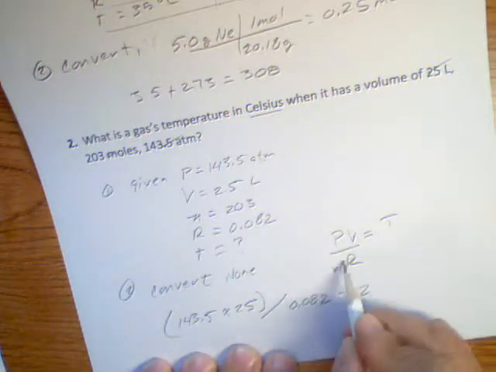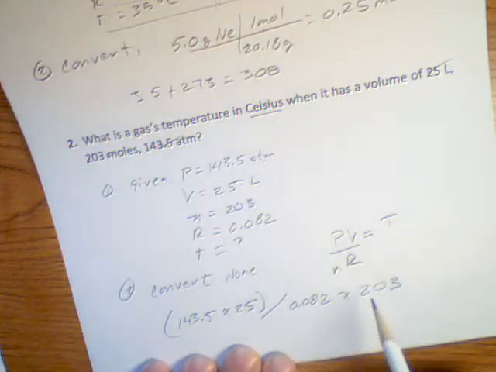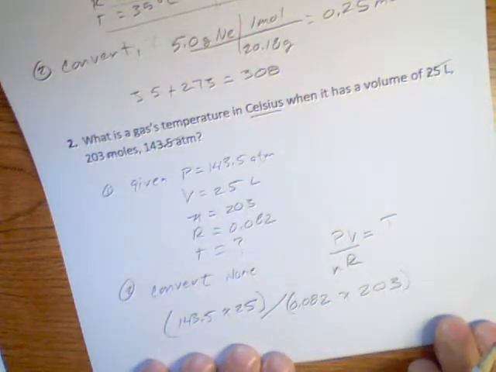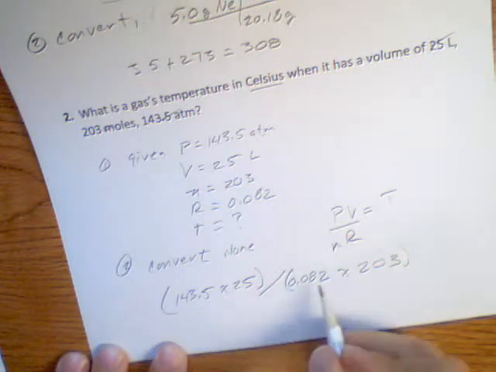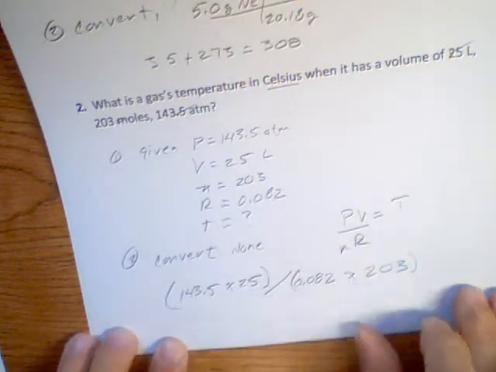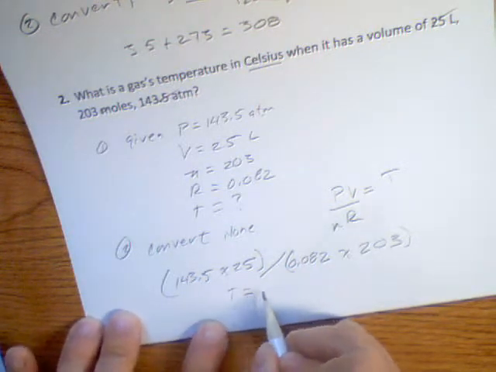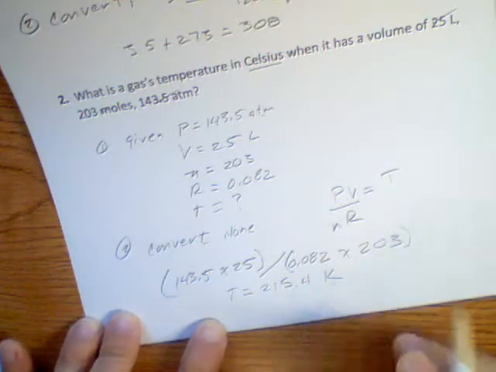Excuse me, I reversed these two, but it's multiplication, so it doesn't really matter, does it? The n value is 203 and the R value is 0.082, but it's multiplication, so it's not going to be a problem. So thanks for understanding. I'm not going to rub it out. Equals 215.4, and remember that's K.